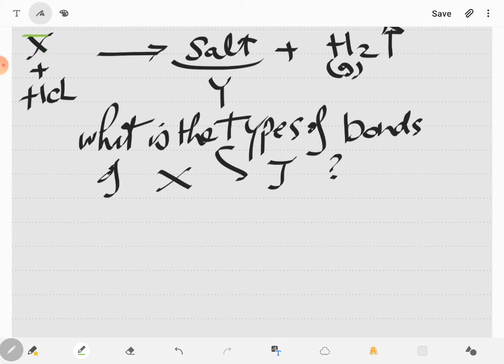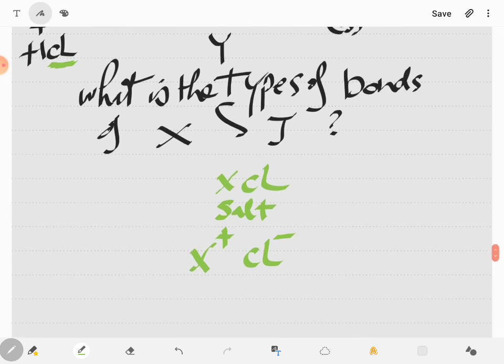It reacts with HCl and makes salt and H2 evolves. Meaning the salt is XCl because here Cl. XCl, that is called salt. And we know salt must be cation plus anion because it's ionic. That's the trick.